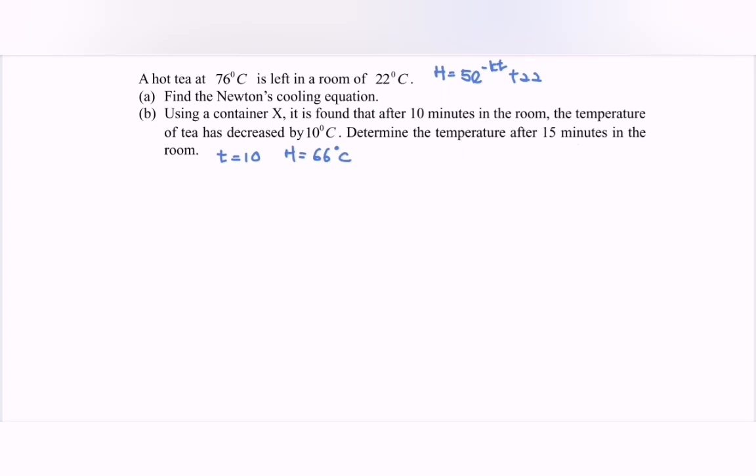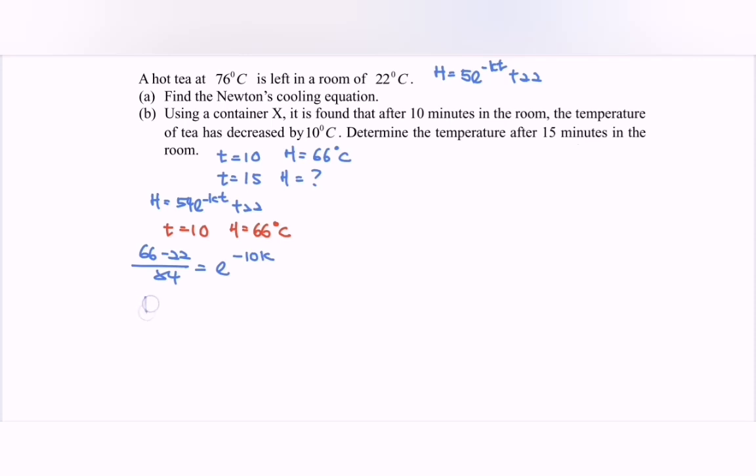So the second question is t equals 15 minutes, what is H? Substituting the situation given, H equals 54 exponent negative kt plus 22, with t equals 10 and H equals 66. So we have (66 minus 22) over 54 equals exponent negative 10k. Find k.